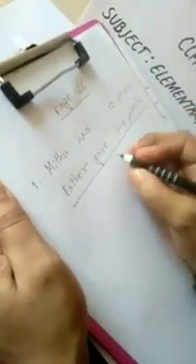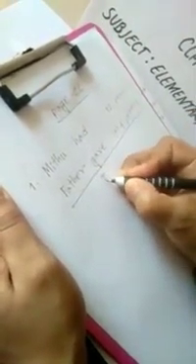Then I have to put an addition mark. Then we will calculate. You can write total. 2 and 4 are 6, and there is 1. That means 16 pencils. Answer is 16 pencils.